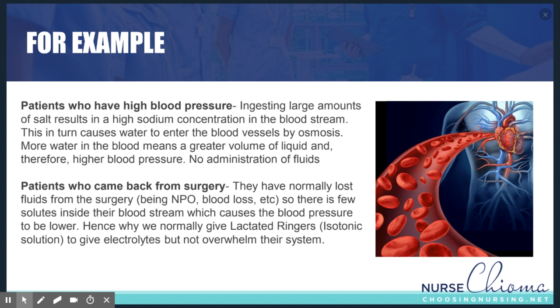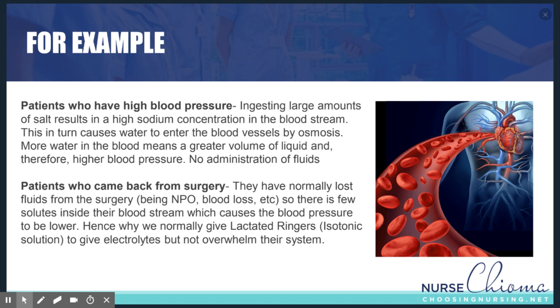So when they're coming back from the surgery, you want to keep in mind that there's going to be fewer solutes in their bloodstream, right? Because they lost electrolytes, right? And so that's why these patients, when they're coming back from surgery, their blood pressure tends to be lower. You see that?